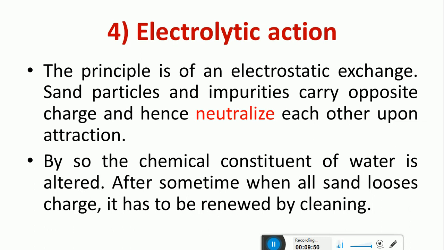That is the reason the water gets treated by electrolytic action in the process of filtration. And as the sand loses all its charge, it has to be removed. That means after a certain period of time during operation and maintenance, we have to recycle the sand by adding new sand, or else by the process of backwashing. So this is the process and theory of filtration.